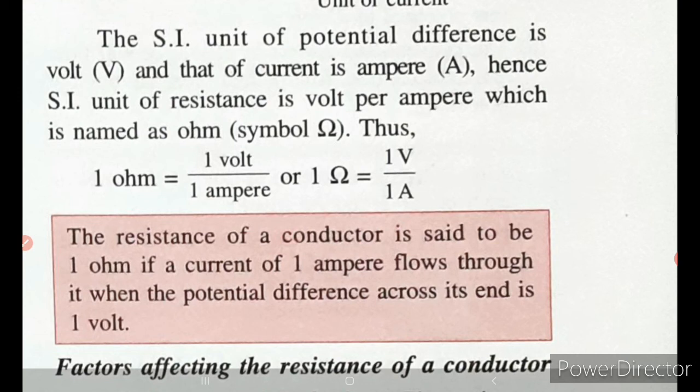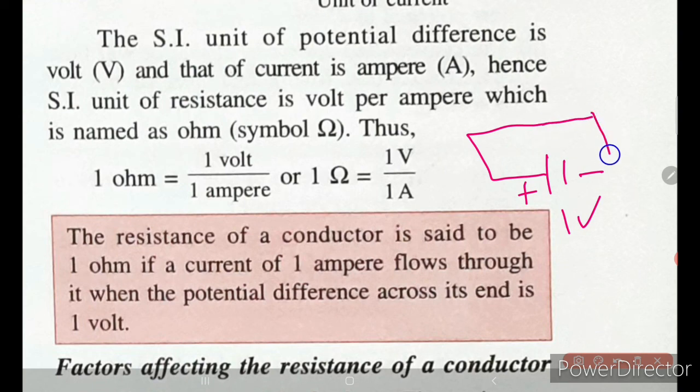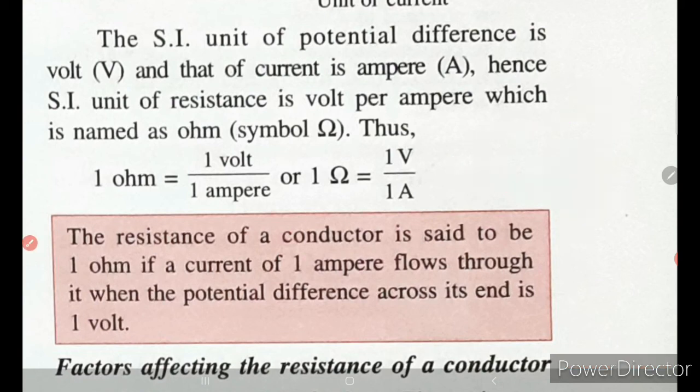That means suppose we have a cell of 1 volt, positive terminal, negative terminal, and we connect them with a wire. If 1 ampere of current is flowing through the wire, then the resistance offered by this wire should be 1 ohm. I hope you have understood the definition of 1 ohm.